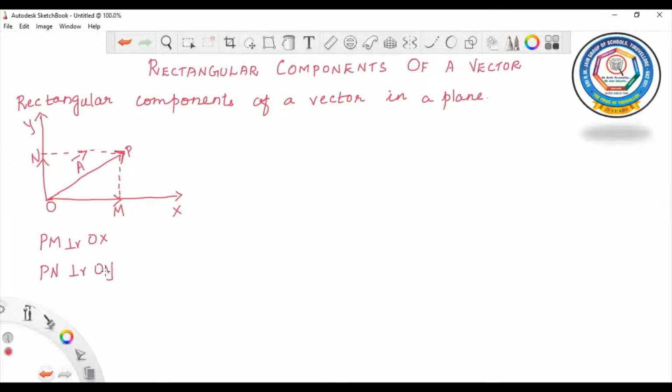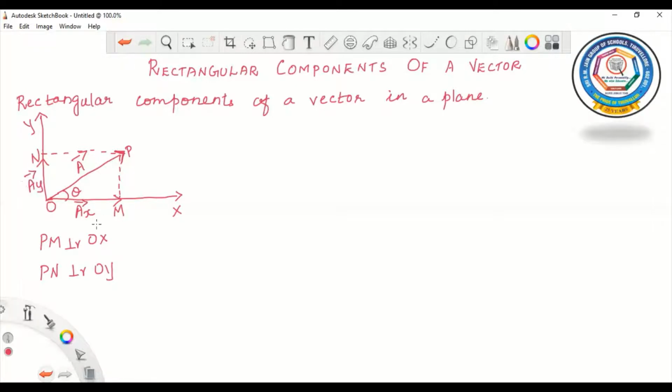Okay. Now, these two are actually perpendicular axes. Let this angle be theta, and we can also consider this as the component of the vector A along x-axis, and this will be the other component of A along y-axis.